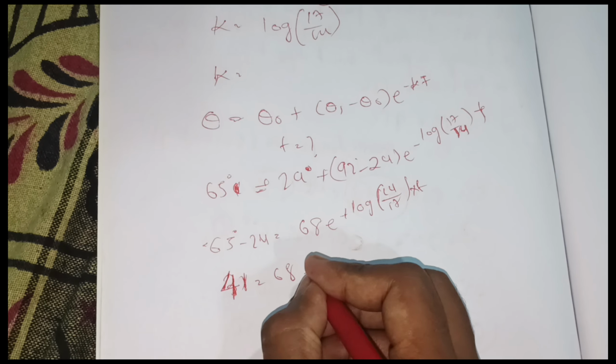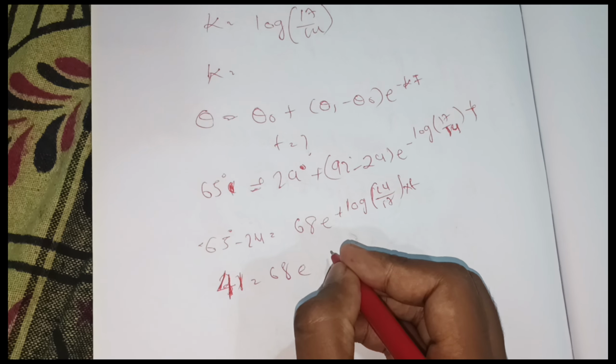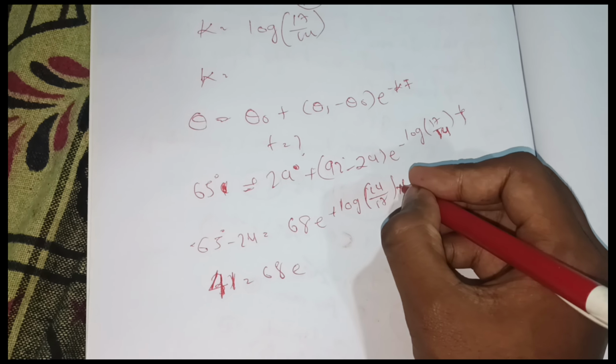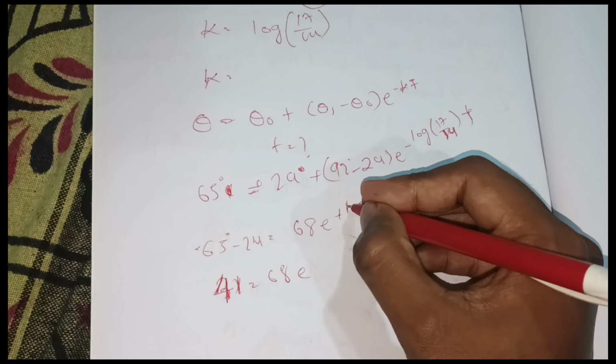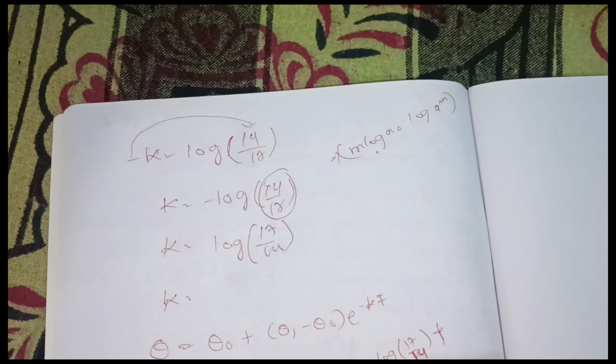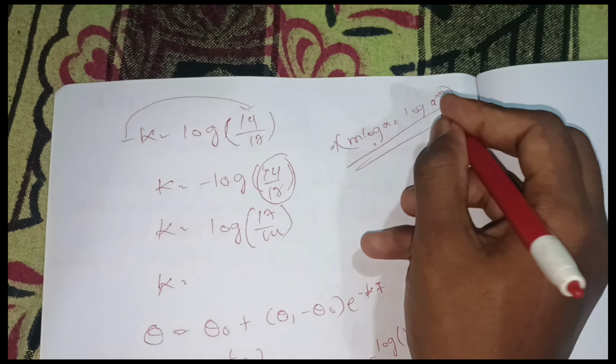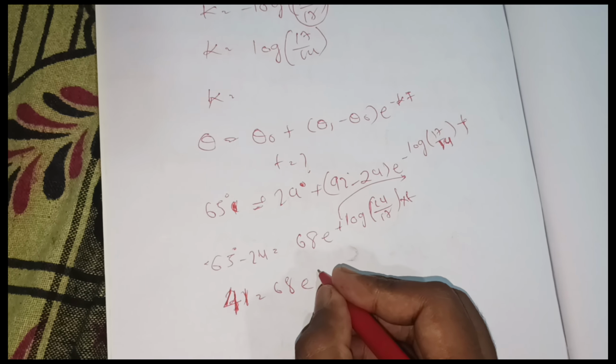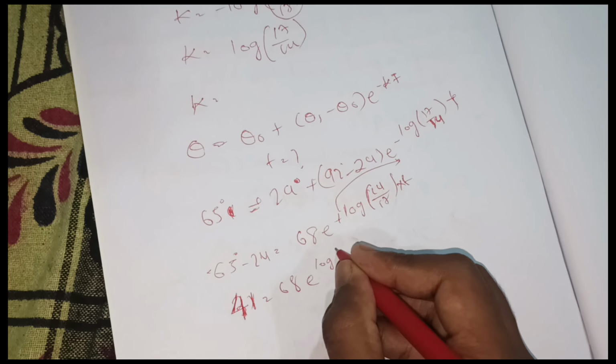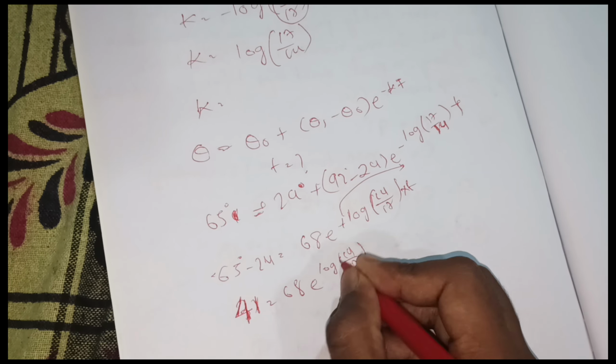So I am writing it as it is, e power log. Using the same formula as before, we get e power log 14 by 17 power t.